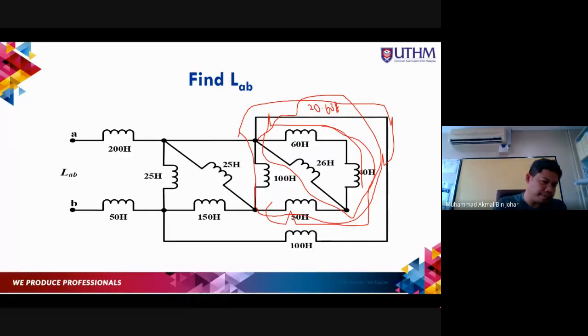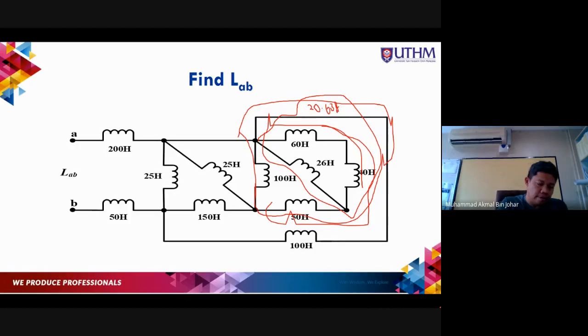Simplify it once more. Sixty-two point 34 times 25 divided by 87.34. So we have 17.84.